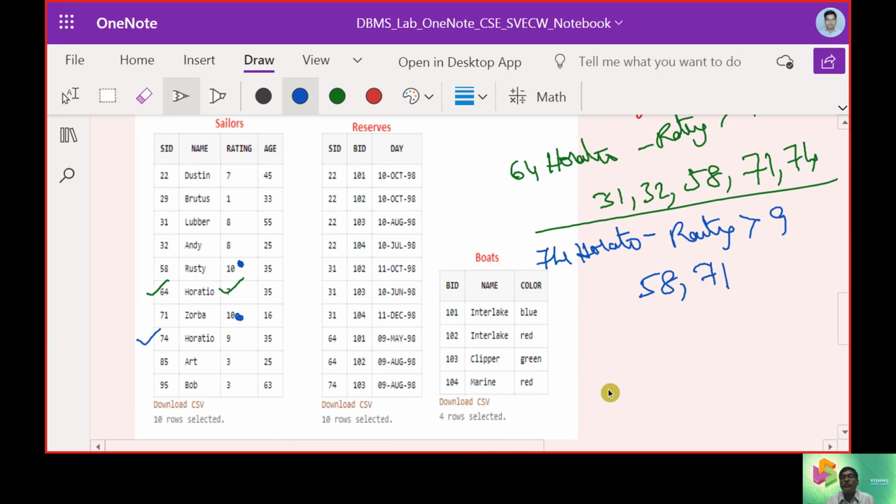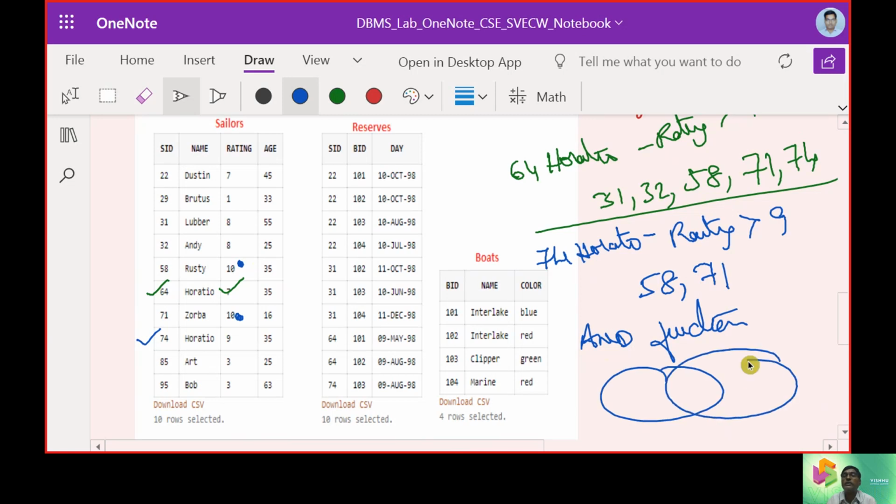Now we have to apply the AND function. When we put up these values, we have 58 and 71 as common; 31, 32 and 74 are left alone.